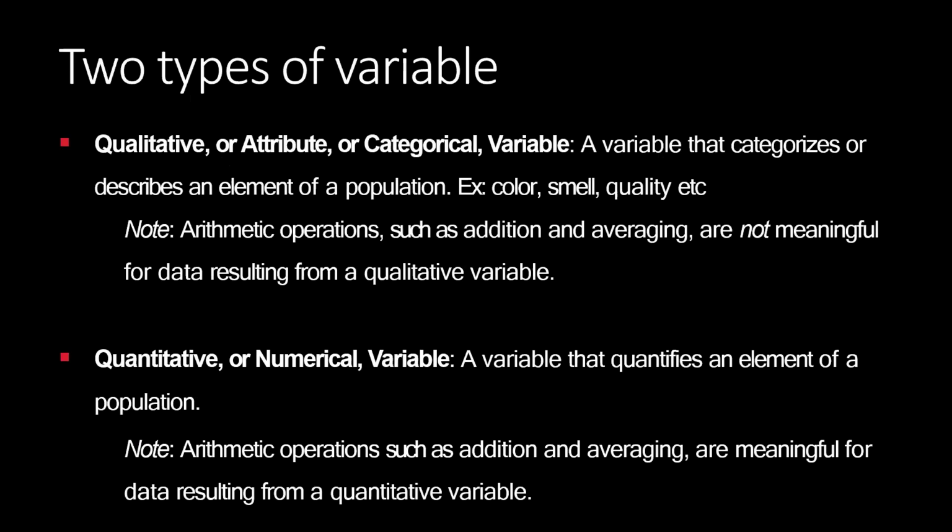Okay, so there are two types of variables: one is qualitative and the other is quantitative. Qualitative is otherwise called an attribute or categorical variable, whereas quantitative is also called a numerical variable. So what is a qualitative variable? Anything which cannot be quantified comes under qualitative, like color, smell, interest, and the quality of anything.